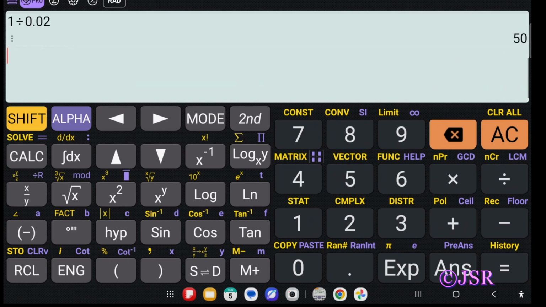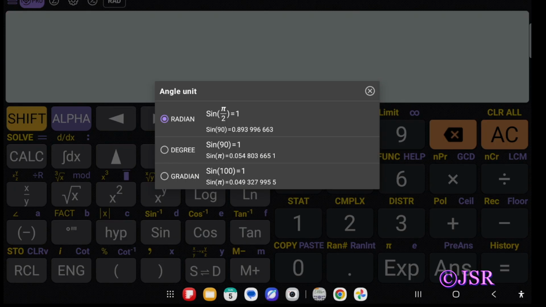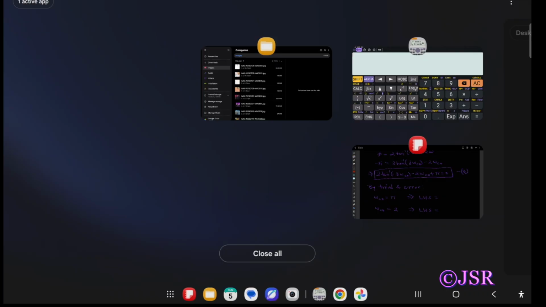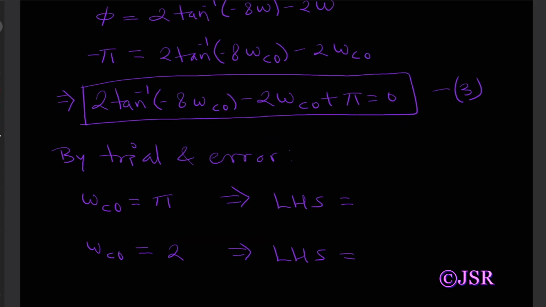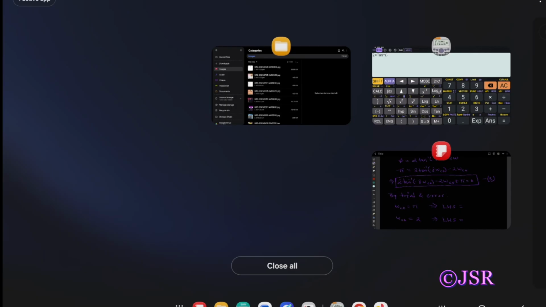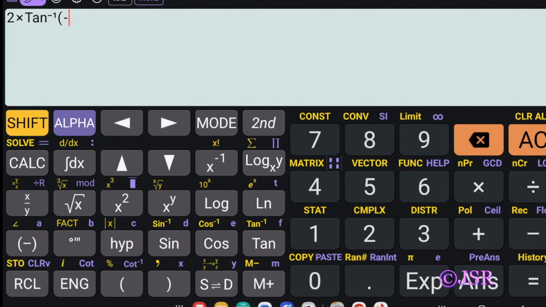Use the calculator. So here we will use the calculator. Before using the calculator, first make sure the angle unit is radian and it is selected. So the next step, we will use this expression number 3, 2 tan inverse minus 8 omega CO. So 8, and the value of pi is 3.14.